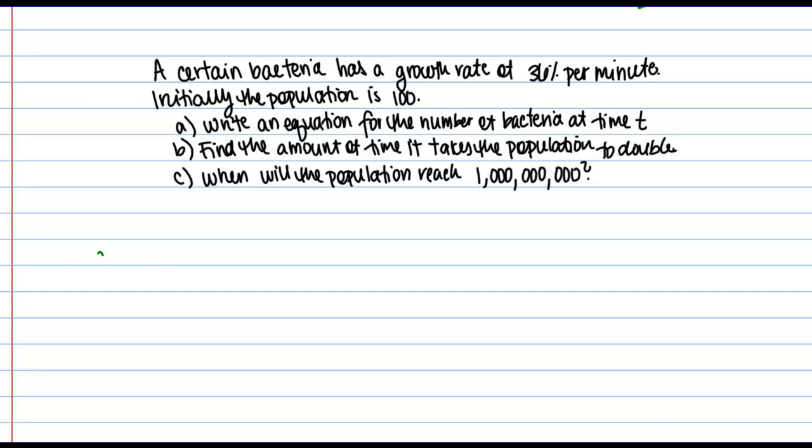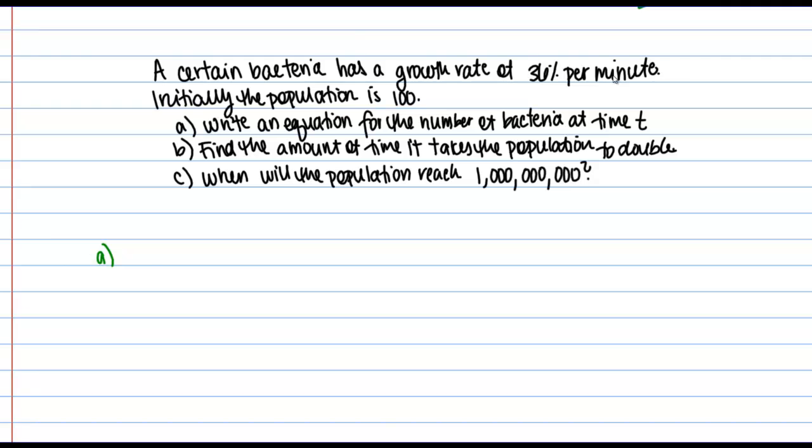So let's start with part A. We need to write an equation that models the number of bacteria at some time t, where t is measured in minutes. Now, in this case, an exponential growth model is going to work well for us because we have this constant growth rate, right, 36% per minute.